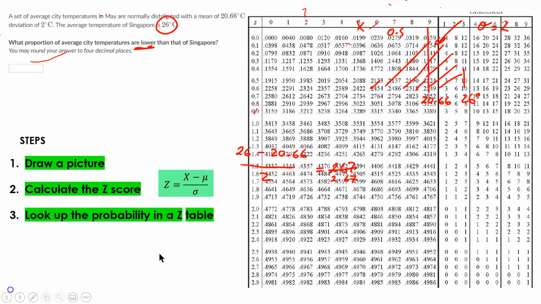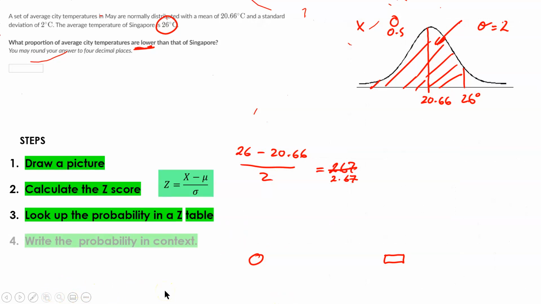Looking up on our table, 2.6 and 7, we can measure all the way down to here. It gives us 0.4962. So if we get rid of the table, it means that this area is 0.4962.